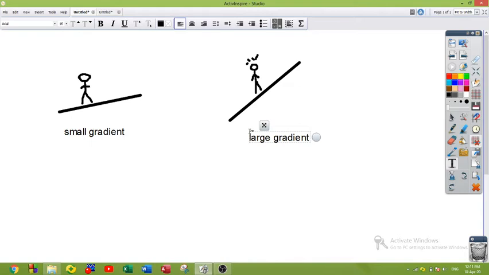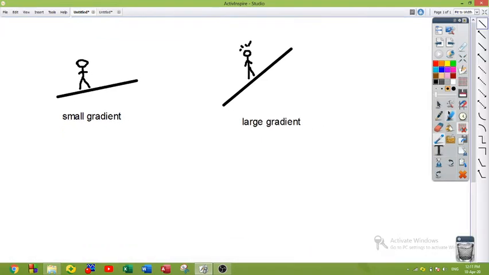Now we talk about the vertical rise and horizontal shift. What are they? We can say they are the lines.